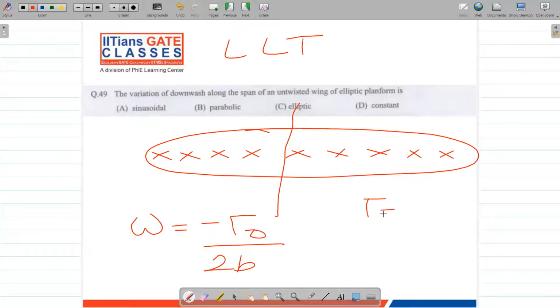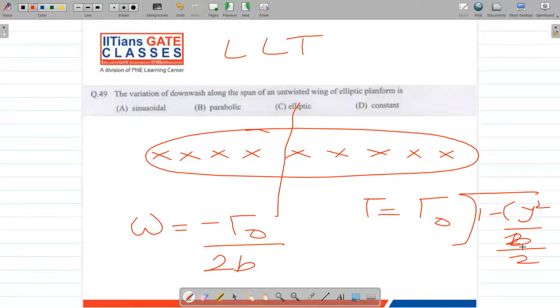In an elliptical distribution, your Gamma is given by Gamma_0 times the root of 1 minus y squared by (b by 2) whole squared. Gamma_0 is the Gamma value at the middle or center of your wing, and b is nothing but the span of your wing.